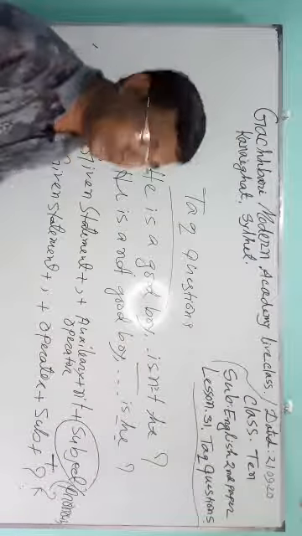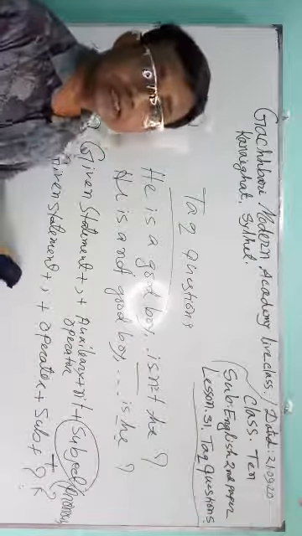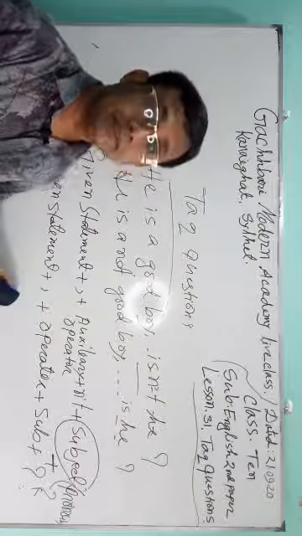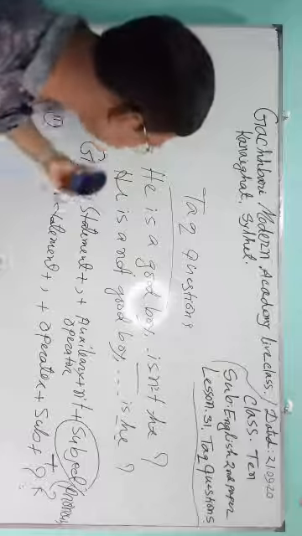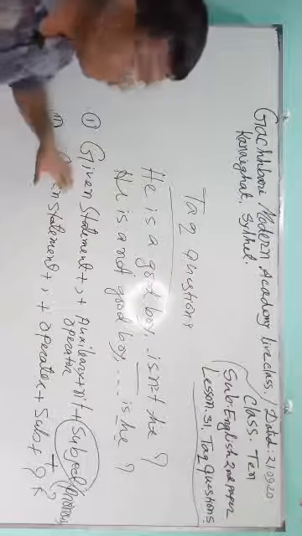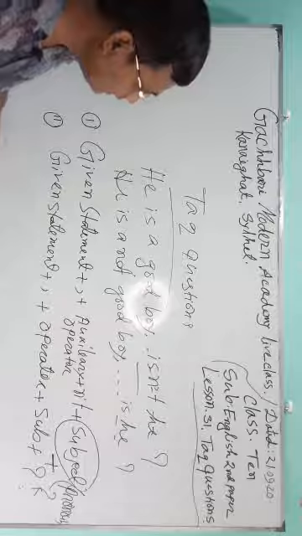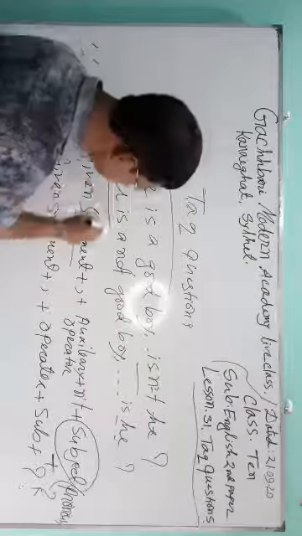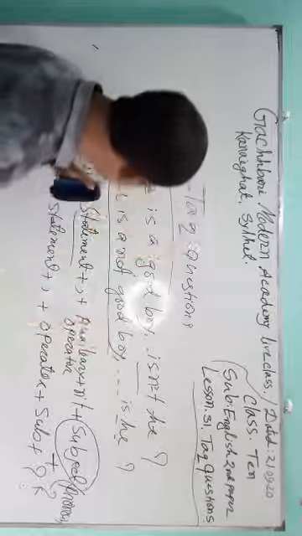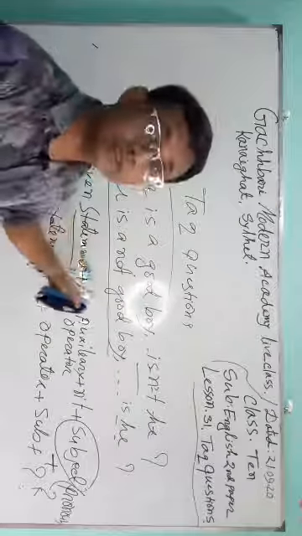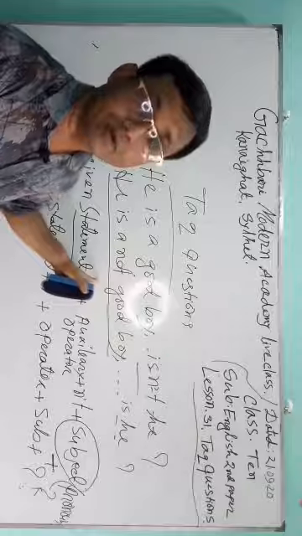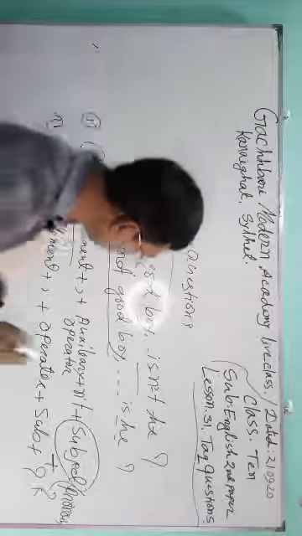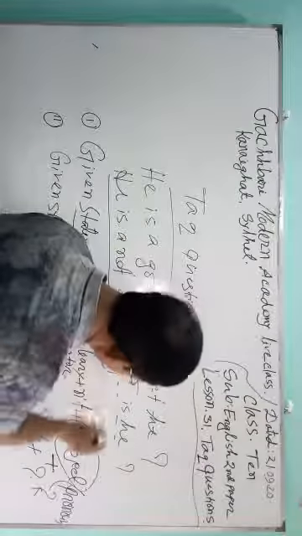This is used in negative sentence or negative statement. Dear students, at first the given statement I indicate, he is not a good boy. This is the given statement or sentence, and this is comma.